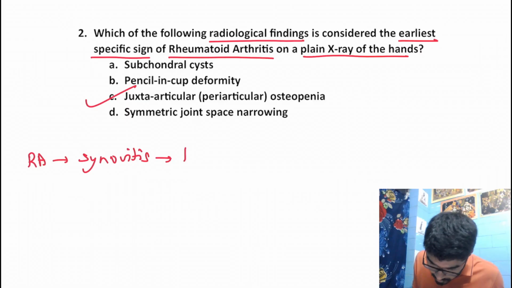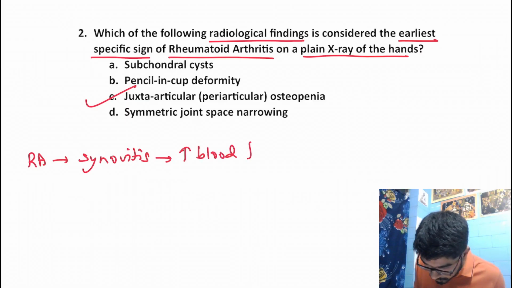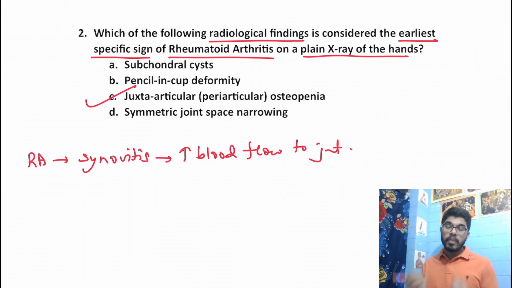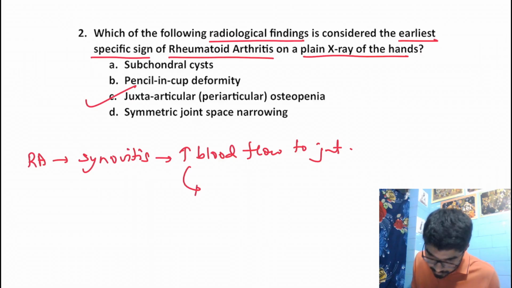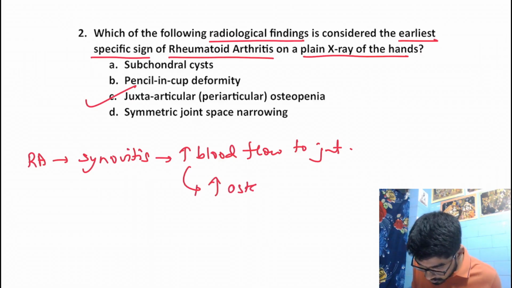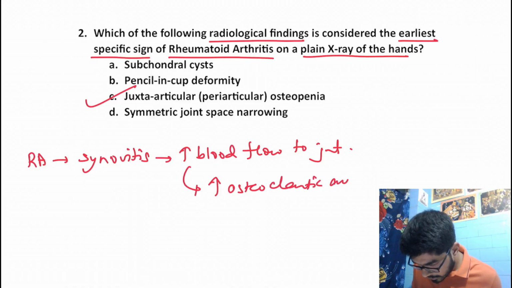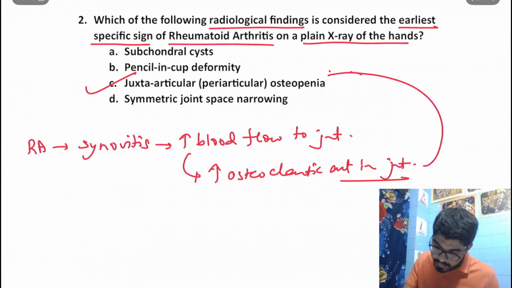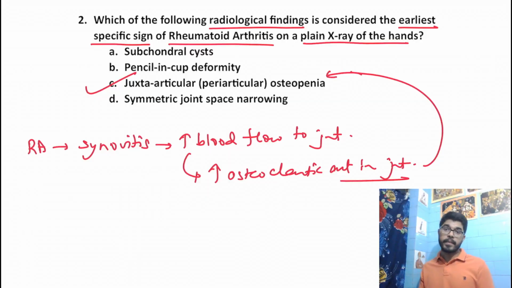Now this inflammation results in increased blood flow to the joints, and this inflammatory hyperemia actually causes increased osteoclastic activity in the joints, and this osteoclastic activity results in periarticular or juxta-articular osteopenia.